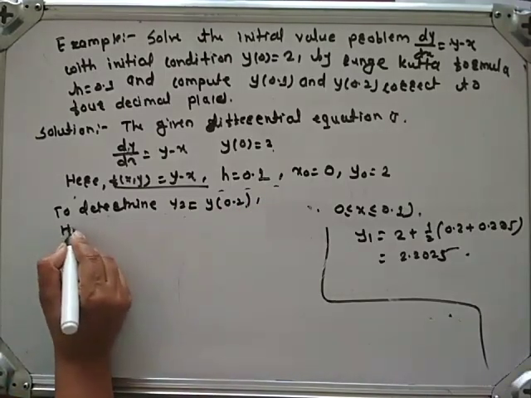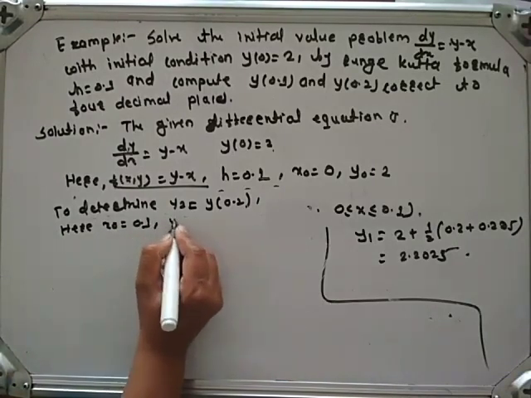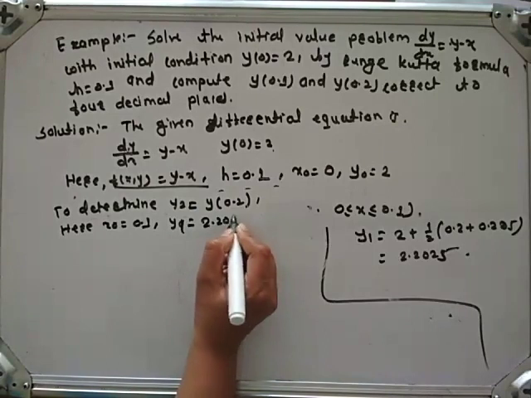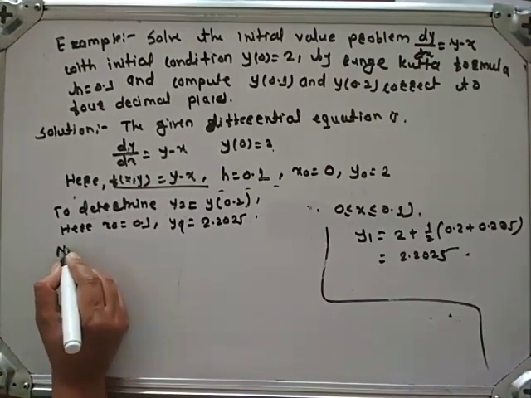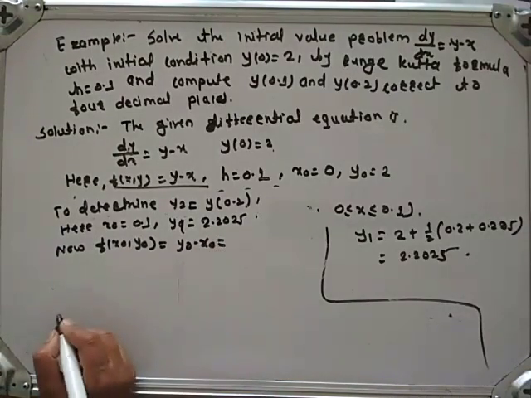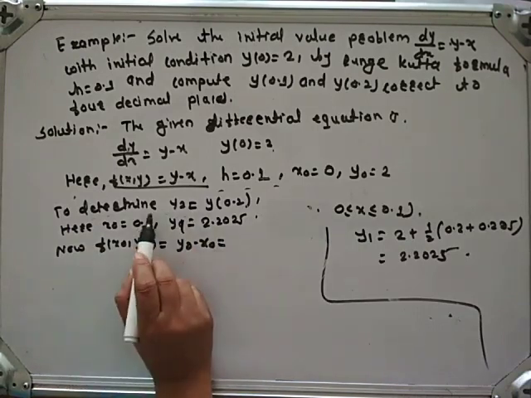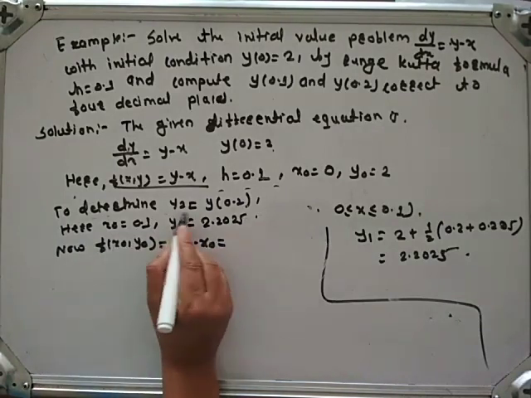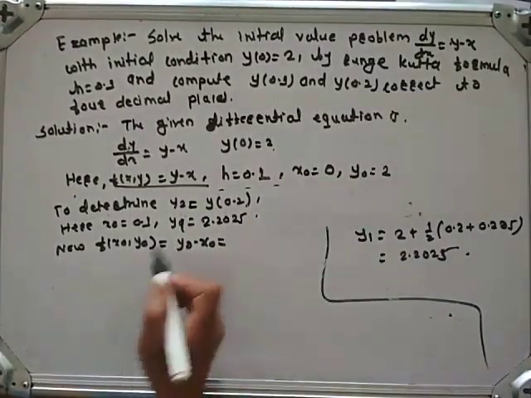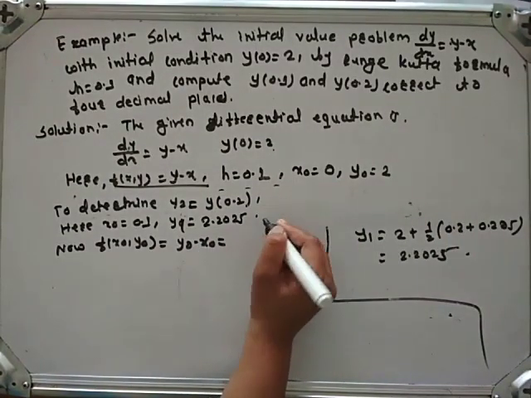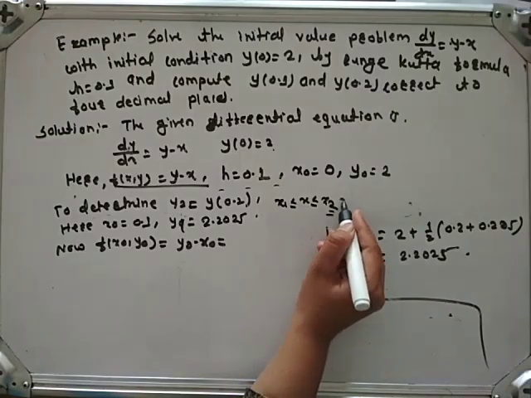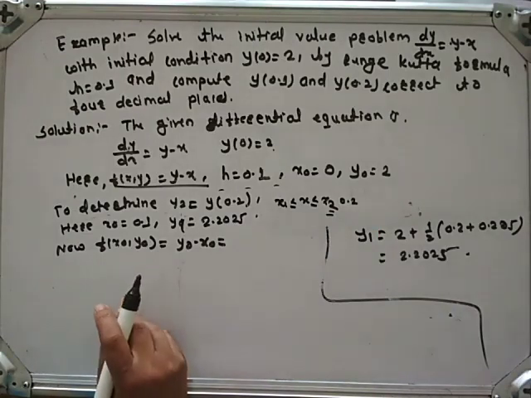Here x0 is equal to 0.1 and y0 is y1, that is 2.2025. For y2, our x lies between x1 less than or equal to x less than or equal to x2, where x2 is 0.2.